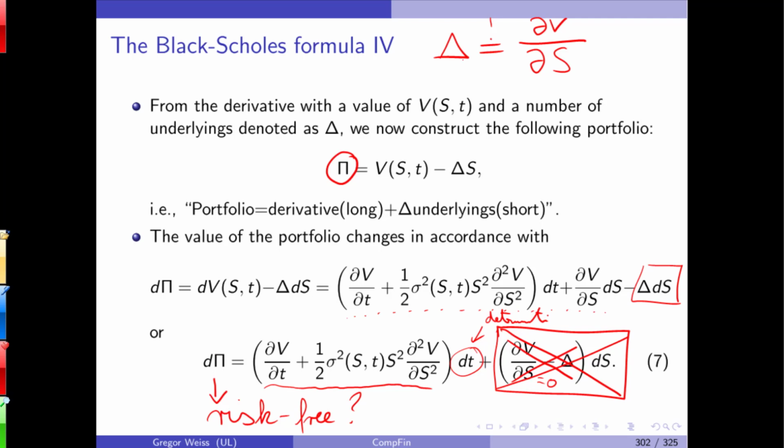Ergo, if we set the number of underlyings delta equal to the partial derivative of the option price with respect to the stock price, this portfolio becomes risk-free. So far clear?